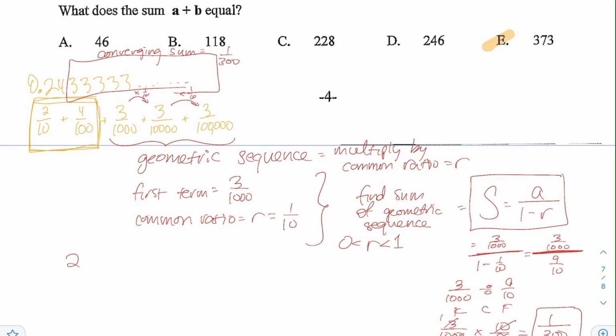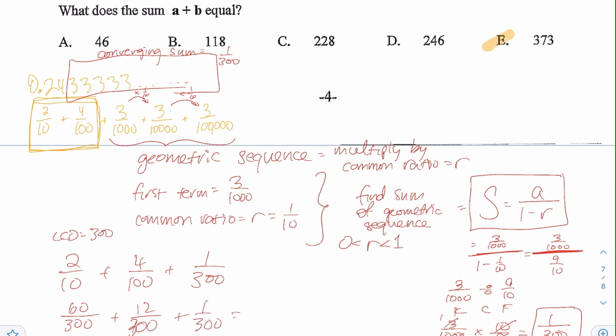So you'll be adding 2 over 10 plus 4 over 100 plus 1 over 300. When you add everything together, you want to use the LCD of 300. So that's going to be 60 over 300 plus 12 over 300 plus 1 over 300, or 73 over 300.